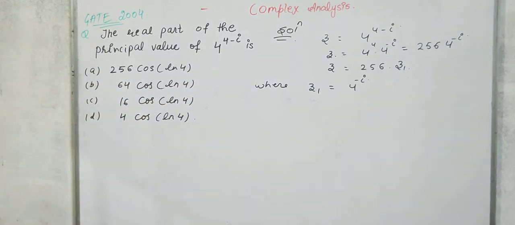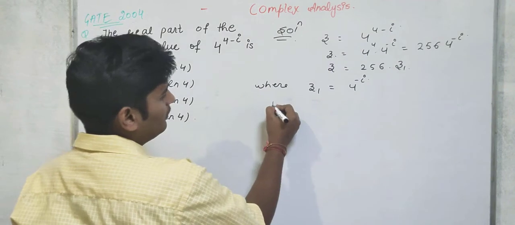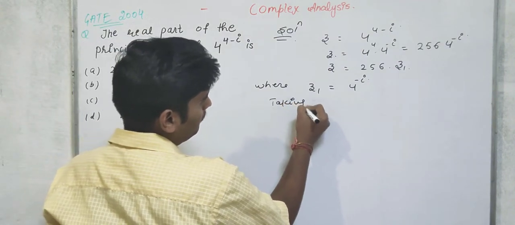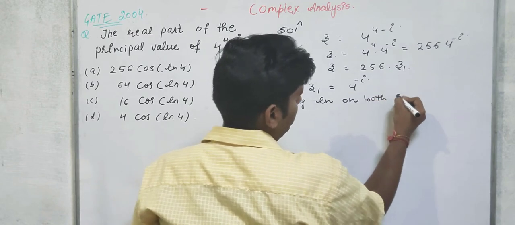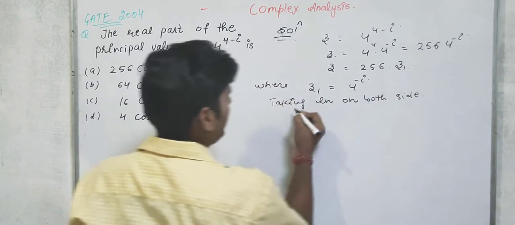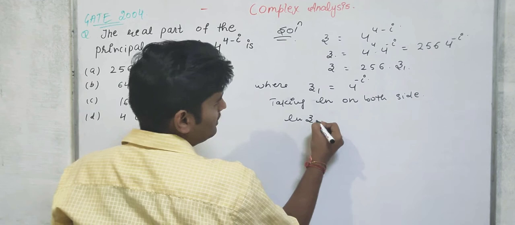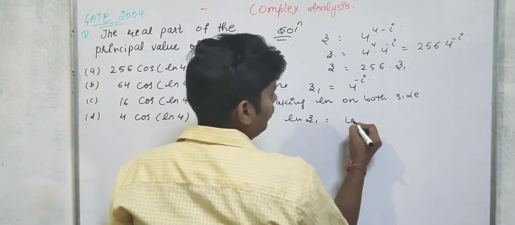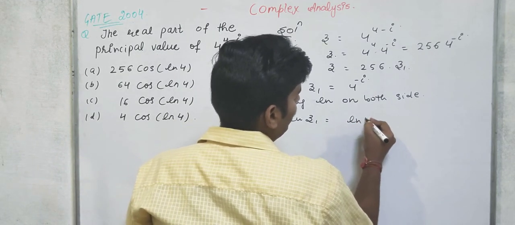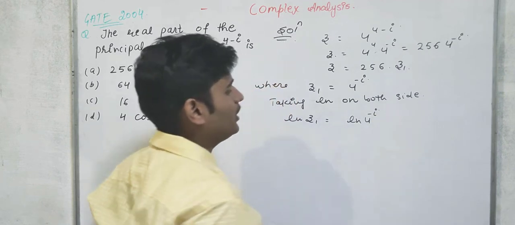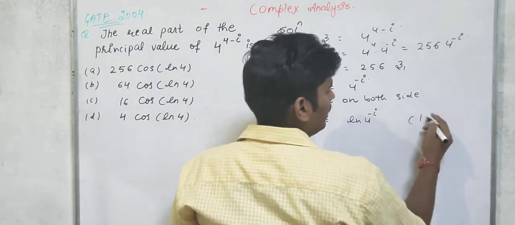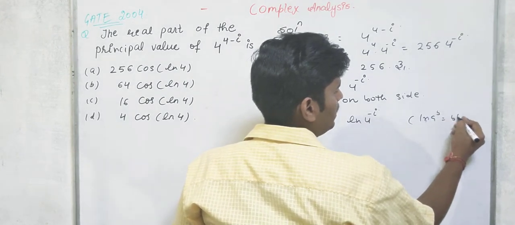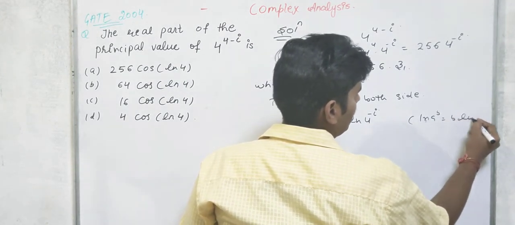Now taking log on both sides, we get log of z1 is equal to log of 4 raised to power minus iota. Now using the property of log of a raised to power b, it's b log of a.